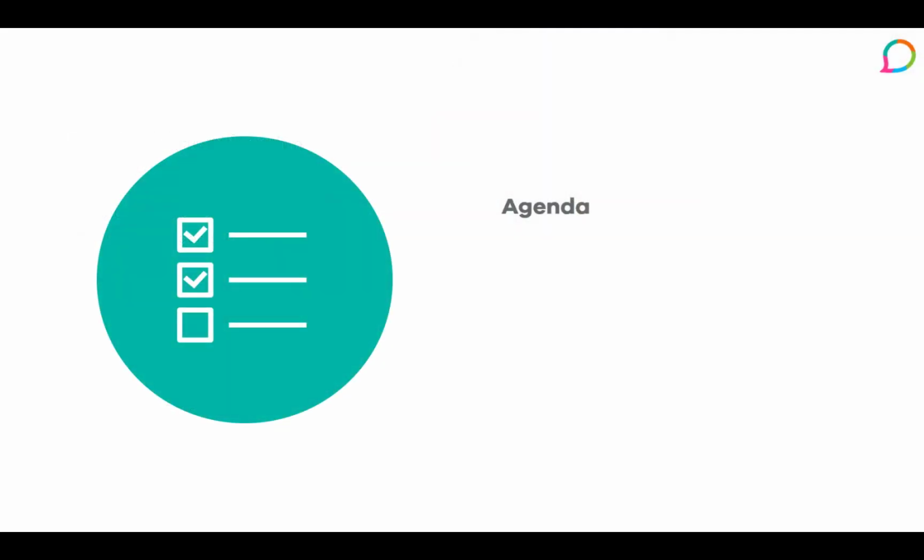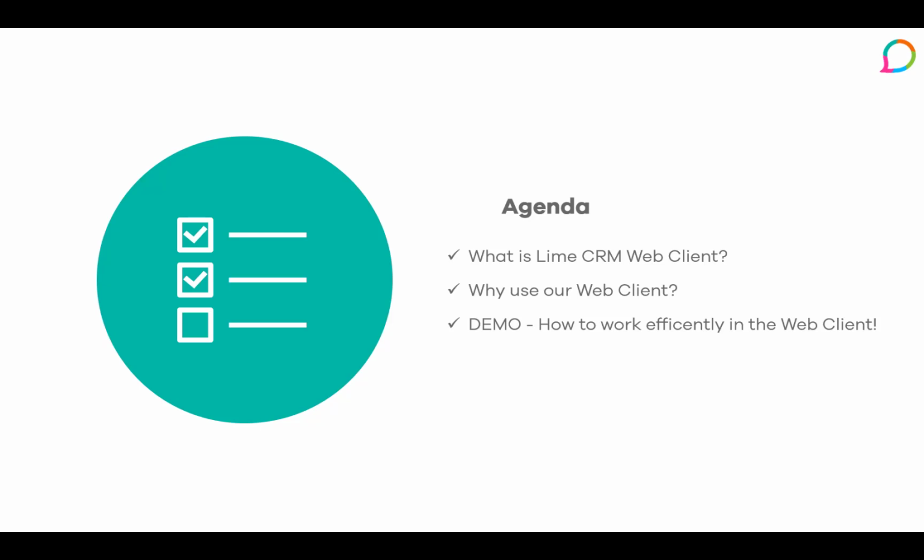The agenda for today is quite few bullets actually. We will start off by going through what Lime CRM web client actually is, why then you should use our web client, and then after that we'll leave the PowerPoint presentation and head over to a real live demo where we will go through how to work efficiently in the web client as well as looking at some of the latest news and features that we have released in the web client.